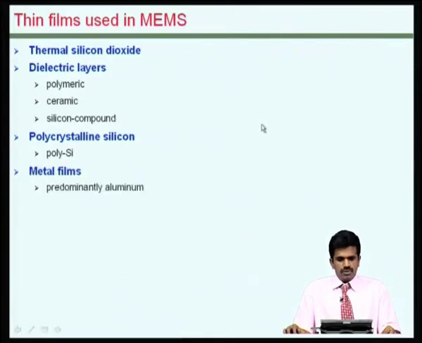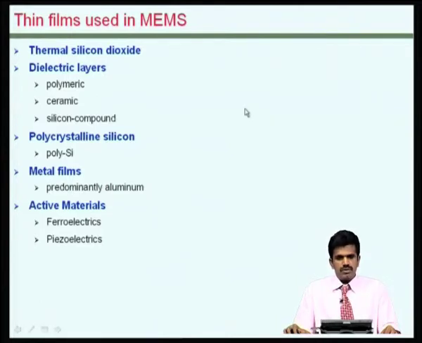You will also require several metallic films such as aluminum or gold for conductors required in the processing of microsystems. Active materials, smart materials such as ferroelectrics and piezoelectrics are also used in building smart microsystems.